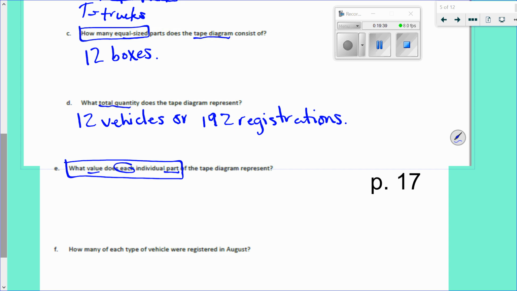Represents what? One box represents what? No. So there's 12 boxes in all. So what would one of those boxes represent, Latina? One vehicle. So each box is one vehicle.